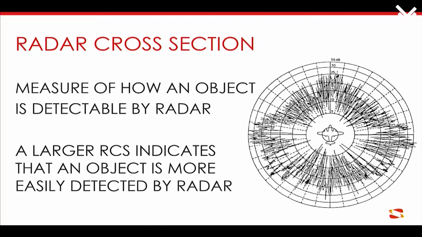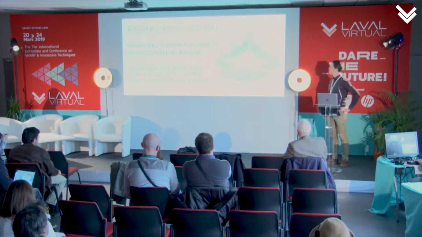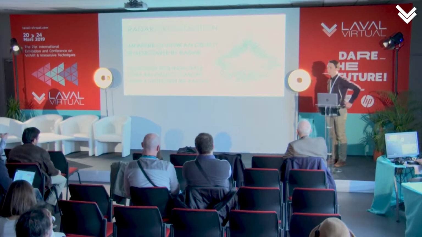Multiple factors influence the radar cross-section: the material of the target, the absolute size of the target, the relative size of the target in relation to the wavelength, the polarization of the wave, and the incident angle of the wave.